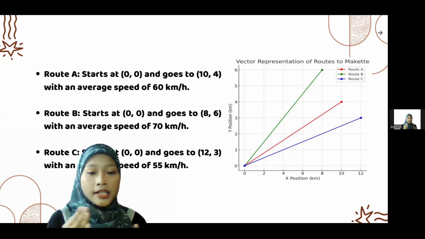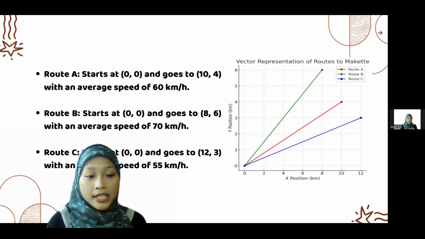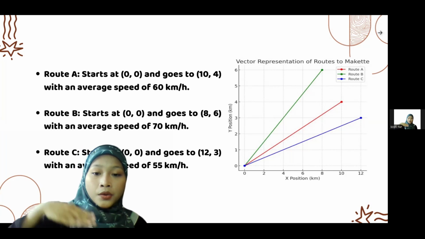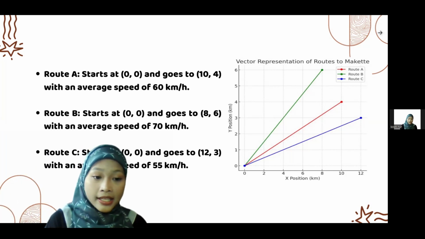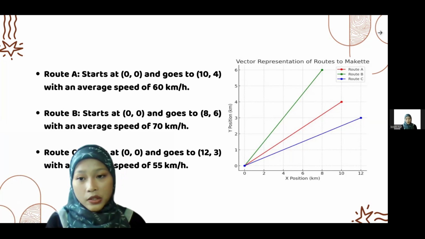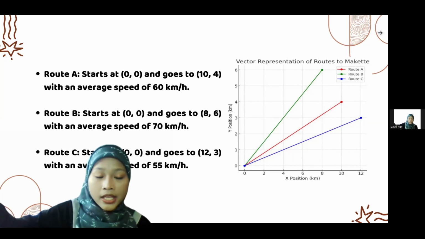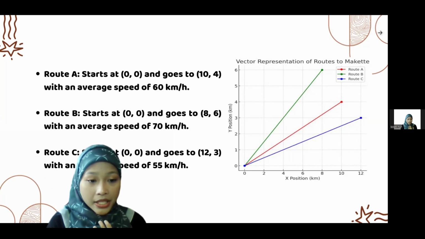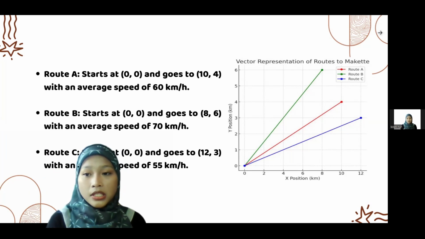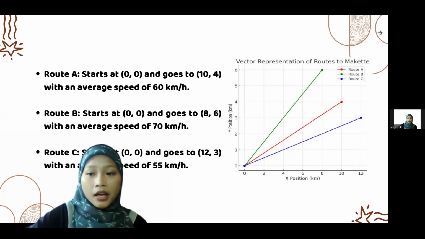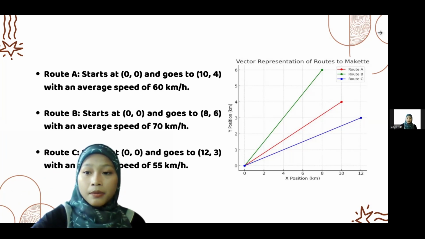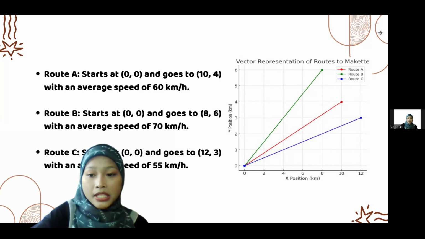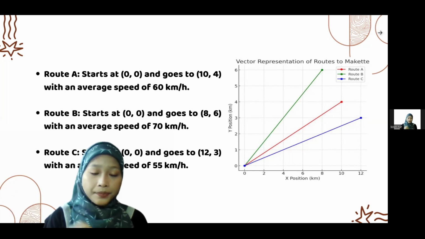For route B, it also starts at his house, at coordinate 0, 0, and it goes to coordinate 8, 6, which is 8 kilometers to the right and 6 kilometers upward, and he needs to use an average speed of 70 kilometers per hour. Route B is represented by the green line, and route C is represented by the blue line.